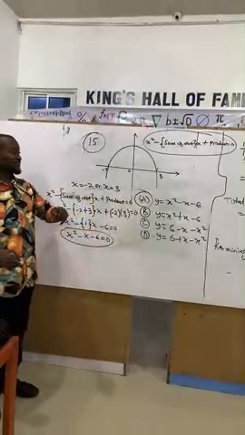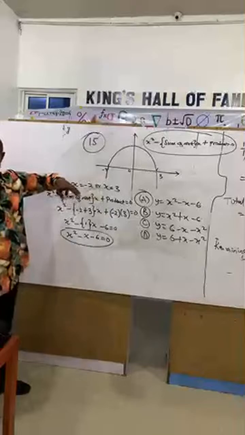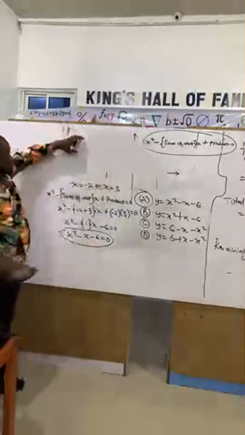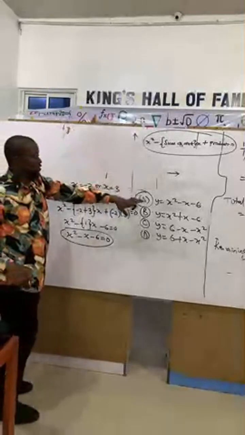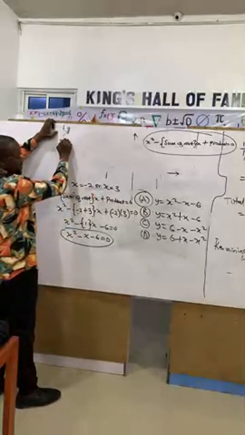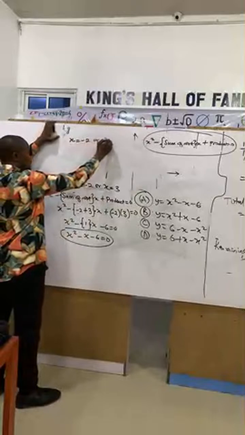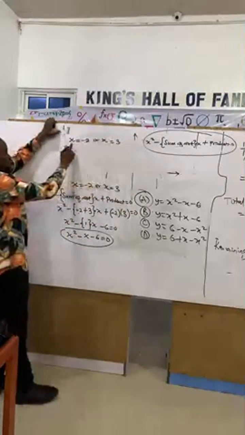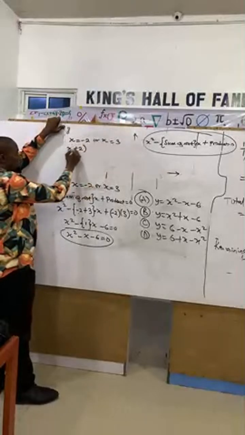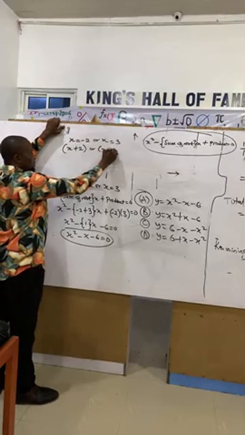But if you don't use this method, there's another method, the expansion method. In this question we have x equals minus 2 or x equals 3. So the factors will be x plus 2 and x minus 3.